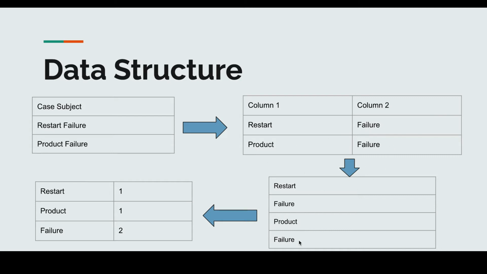Then we will combine all of this into one column. So we'll have restart, failure, product, failure, and the reason we are doing that is so that we can get a word count. As you can see, failure appears twice, product appears once, restart appears once. So a user is using the failure keyword more often, and that's something that the service manager would want to focus on. So let's see how we build that in recipes.